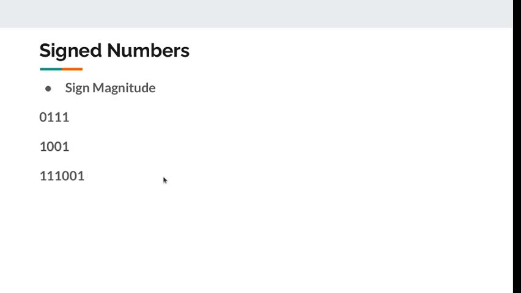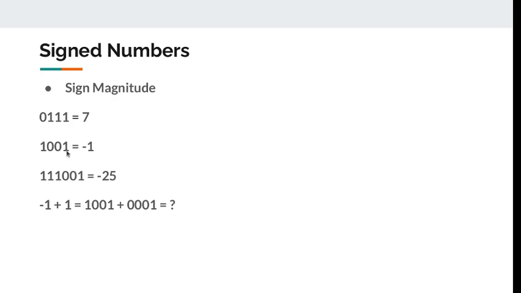With sign magnitude, this number starts with 0, so it's a positive number. It's just the number that we had before, so it's a 7 decimal. In this case, the first bit is 1, so we know it's a negative number, and the rest of the bits, the last 3 bits, is our actual number.